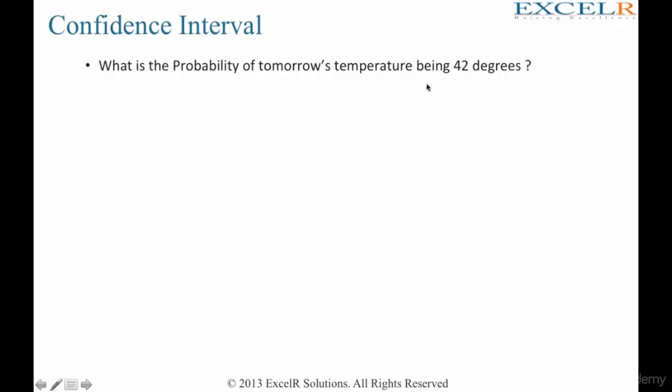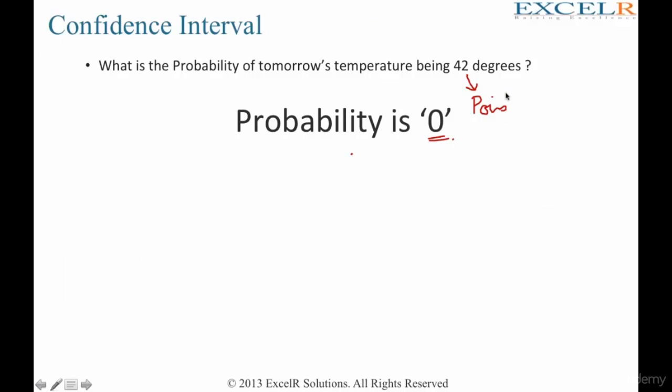Probability associated with any single value is always 0. Right, probability associated with any single value is always 0. You need to remember this. Hence, you cannot come up with a point estimate. If there is a single value, then it is called a point estimate.